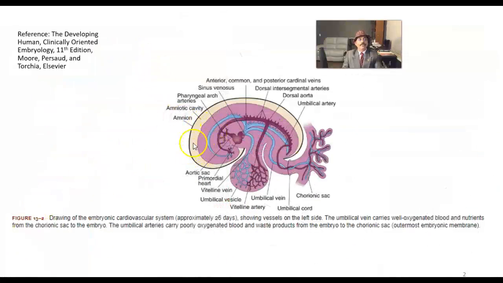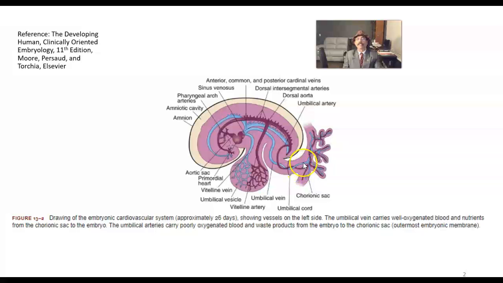So this is the embryonic cardiovascular system at approximately 26 days, showing the vessels on the left side. The umbilical vein carries oxygenated blood and nutrients from the chorionic sac to the embryo.